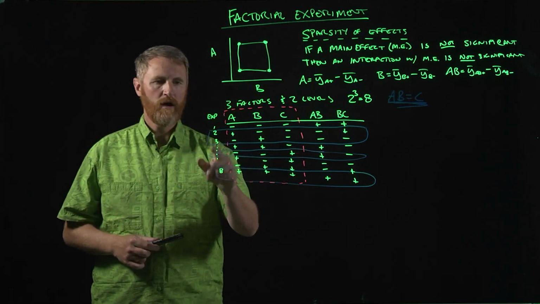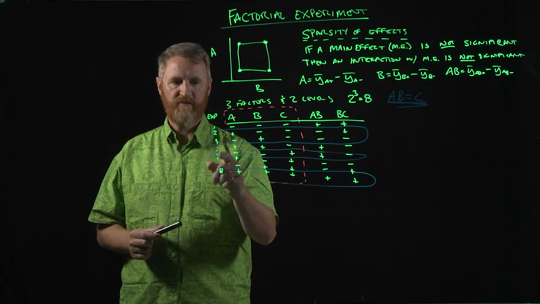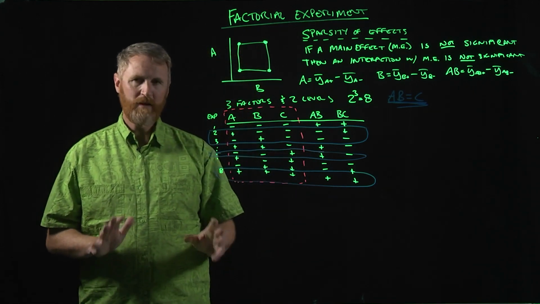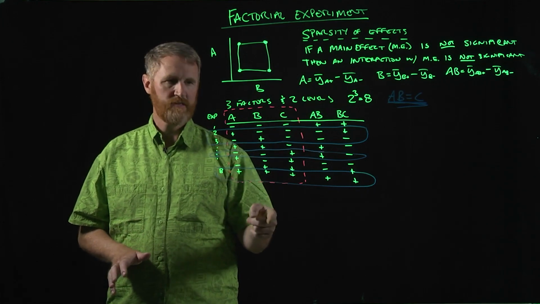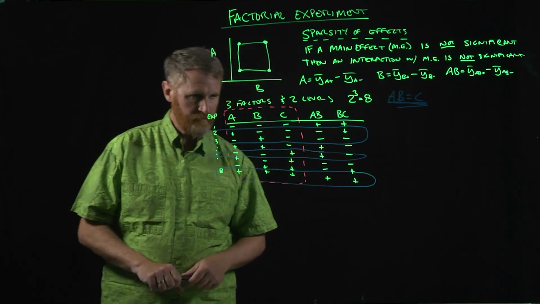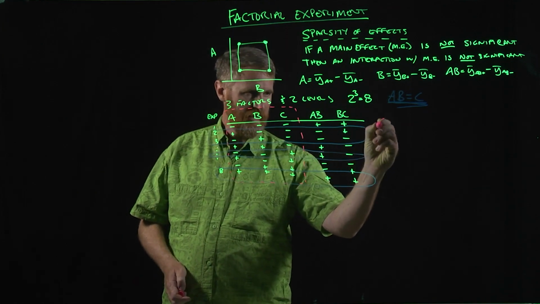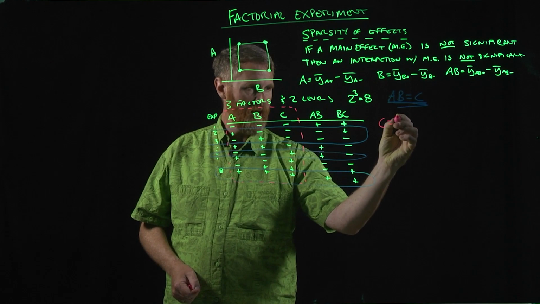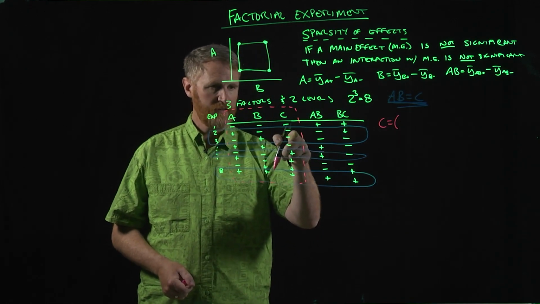So if I run these experiments, 2, 3, 5, and 8, and only those 4, I will be unable to determine whether I've observed a difference in C. Because look at this. For estimating factor C, what are the values at the high?